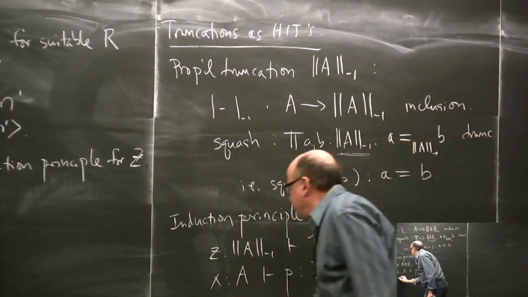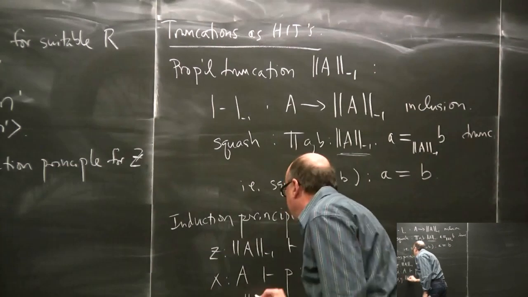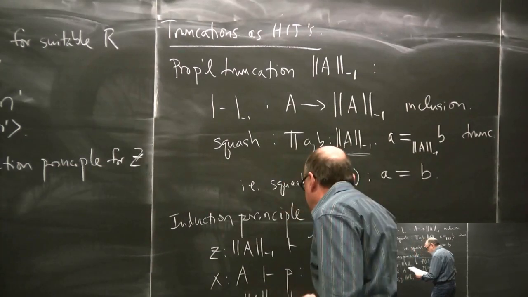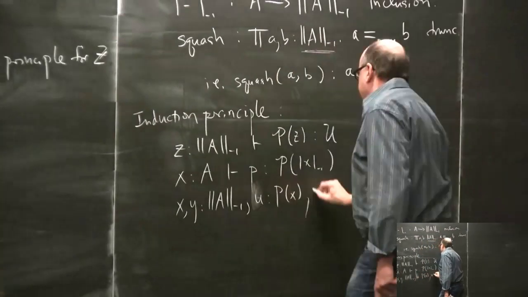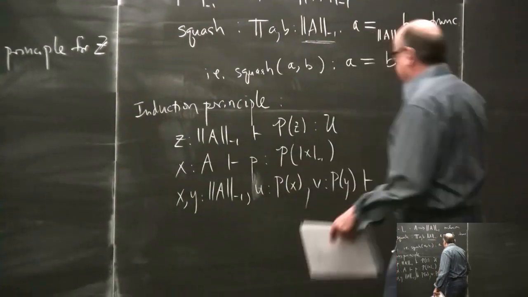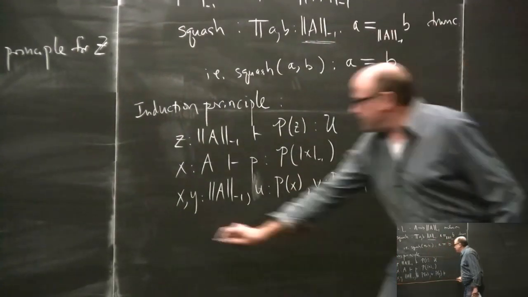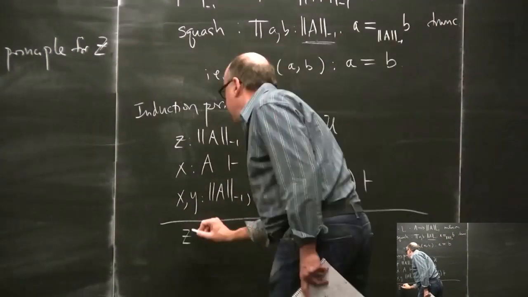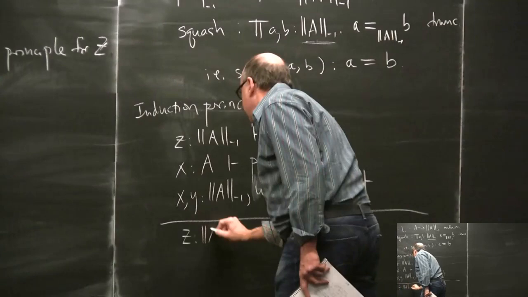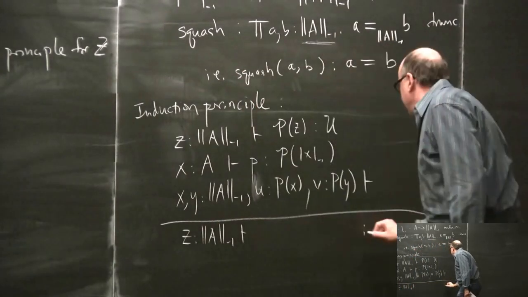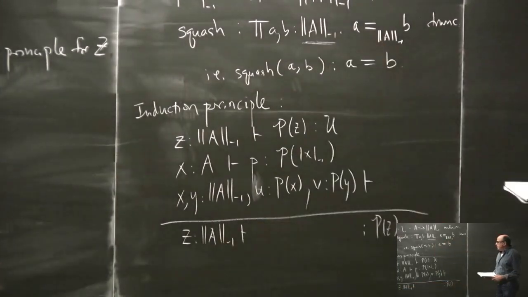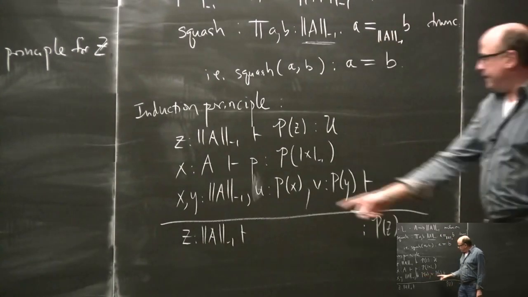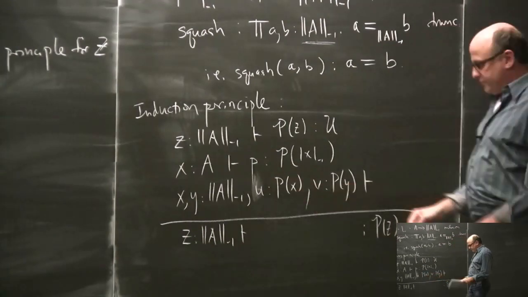And then what else do you have to do? You have to know that for any x and y in the truncation, and any proofs, if you have a proof of P of x and a proof of P of y, then, because remember the general form of an induction principle is always to reason away from something or other in P of z, so we're defining a map out of this guy. Since there's an equation imposed here, you had better not have distinct proofs of P of x and P of y.